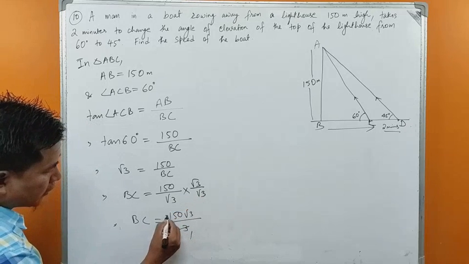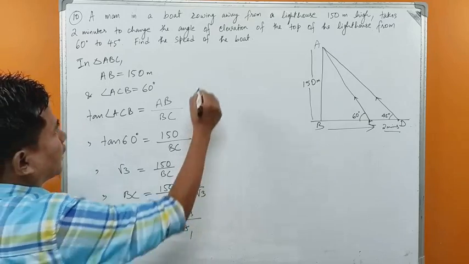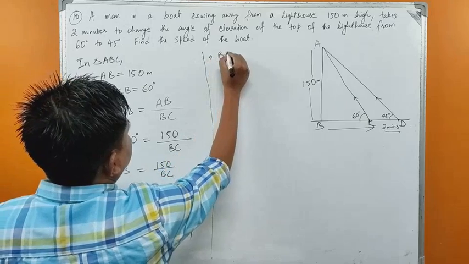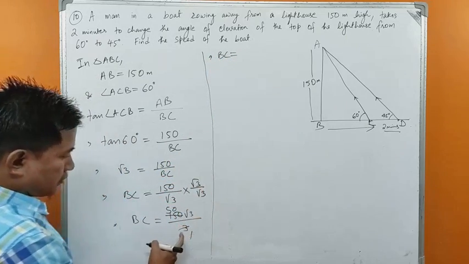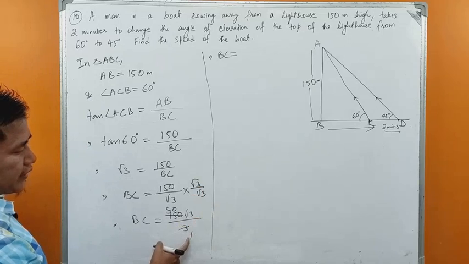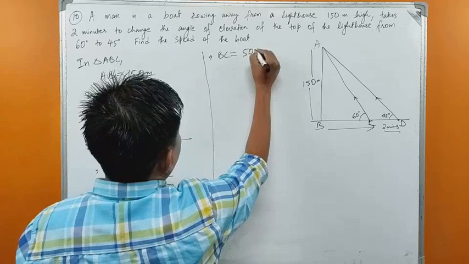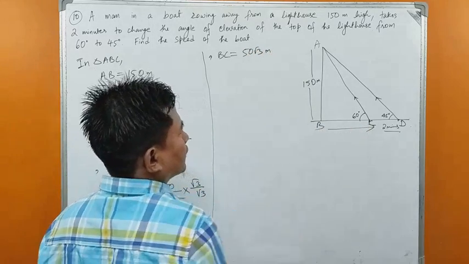Now 3 1s are 3, 3 5s are 15, 3 0s are 0. That means BC equals 50 root 3. There is 1 in the denominator, so we need not write that. BC is 50 root 3 meters. So we found BC.